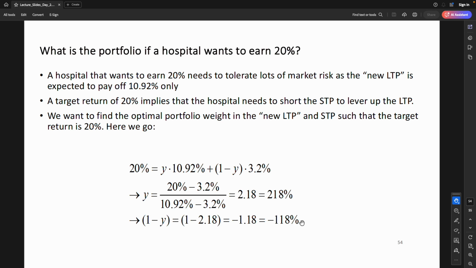So therefore, such a high expected return, given the capital allocation line in the market, is unrealistic. We could do it, but I think the hospital, once it sees these numbers, would understand that having a target return above the LTP would imply shorting, not the market, but shorting the risk-free rate, so taking up an extra loan for the investment, and I would assume the hospitals don't do that.